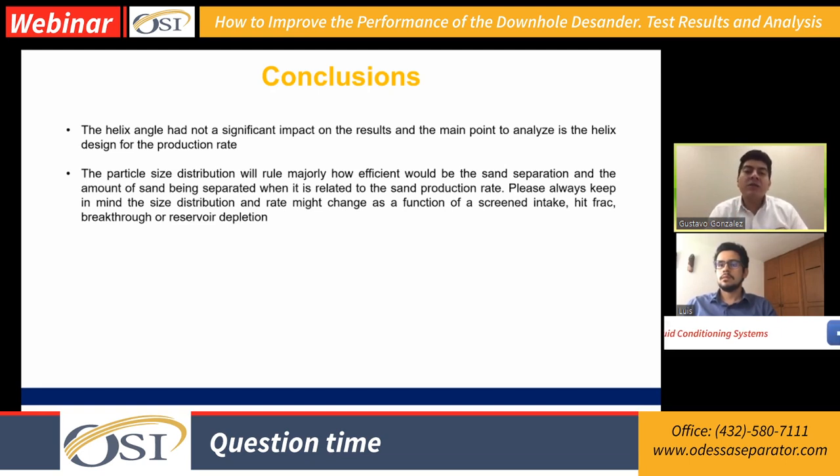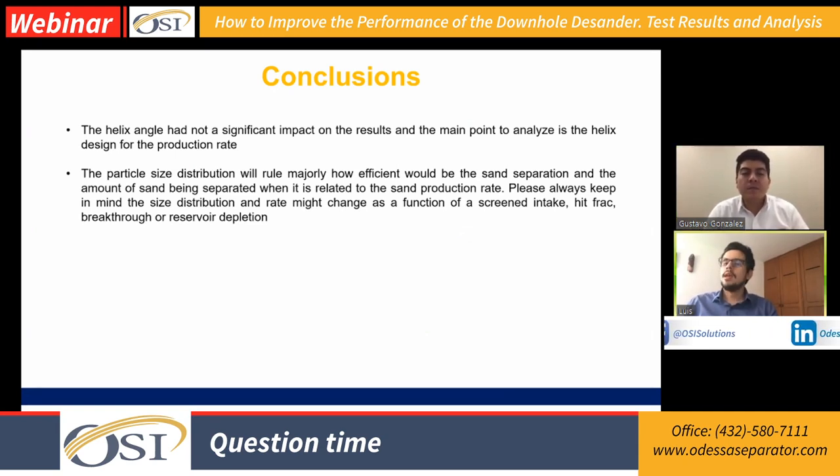On the test, we saw that it was not a major change in performance, but the production rate and the drawdown generated in the system were most critical, and were the deciding factor to generate a better efficiency through the entire system.